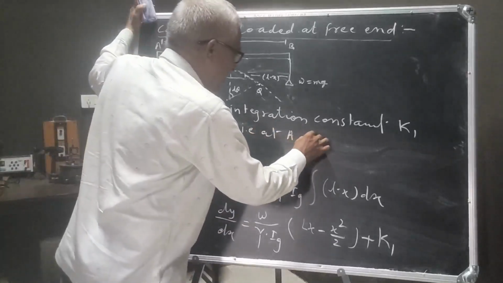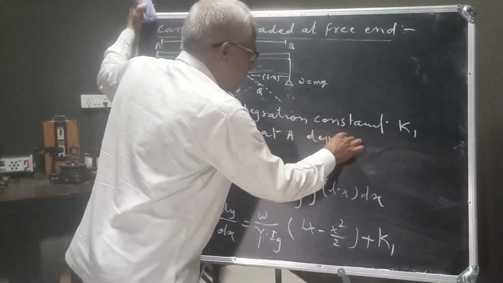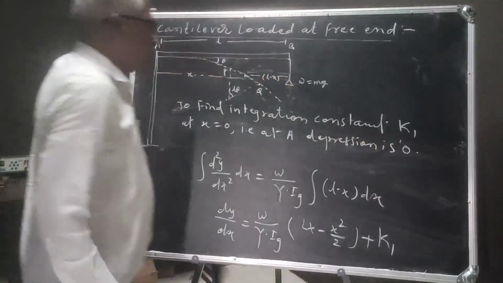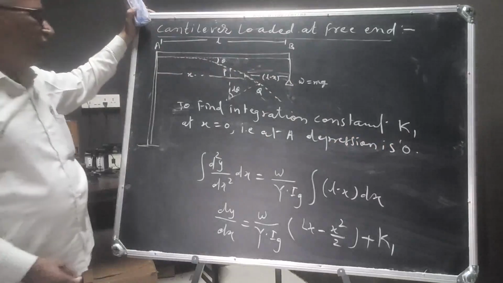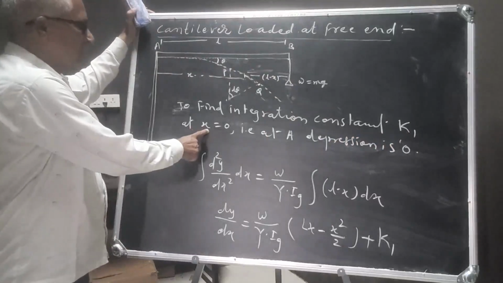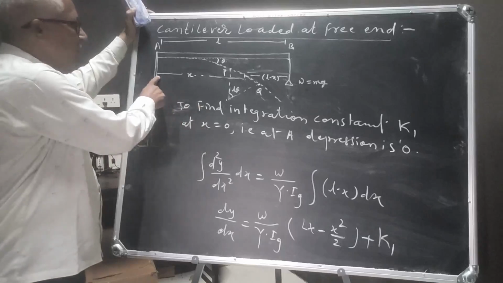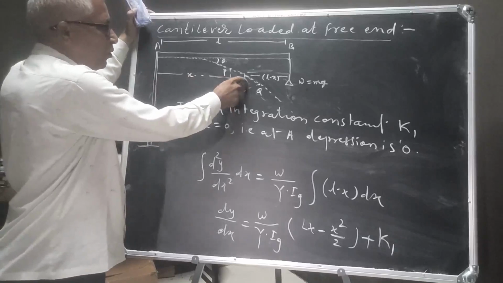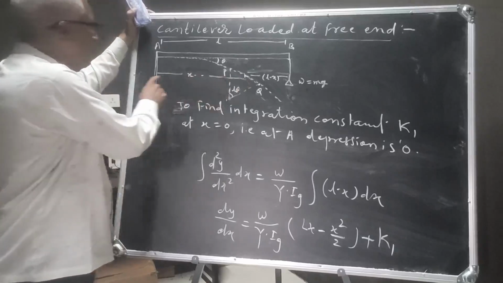Here x is the distance of this small part PQ from its center to the fixed end.